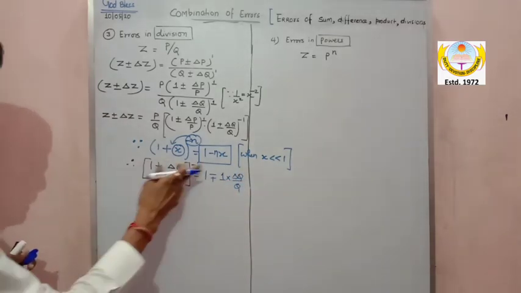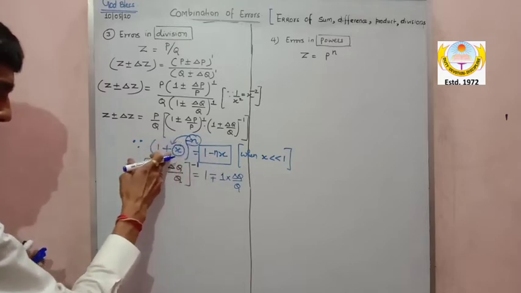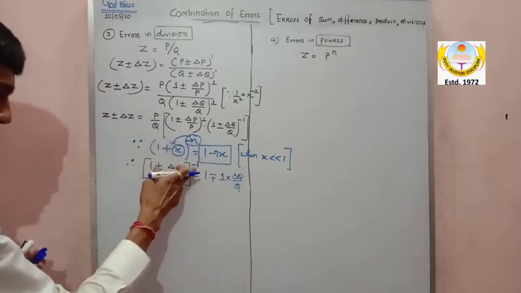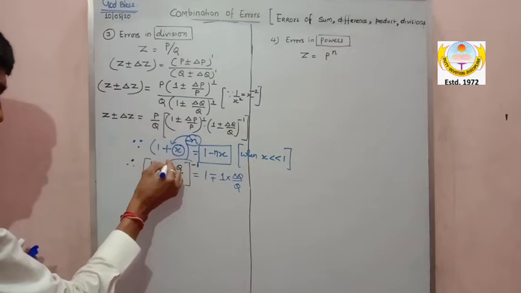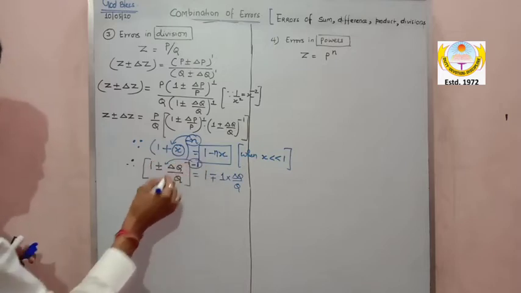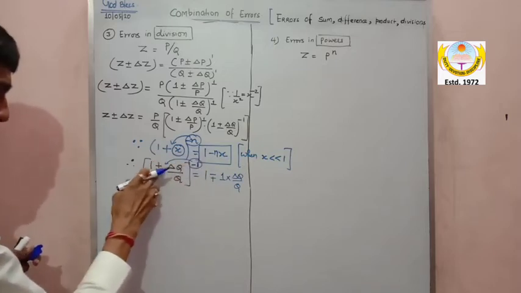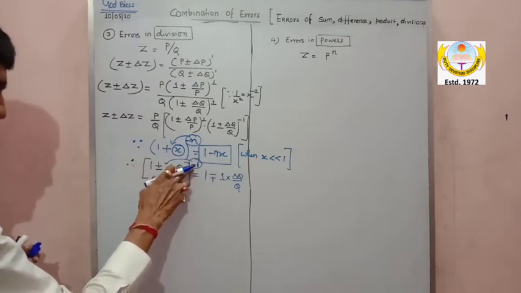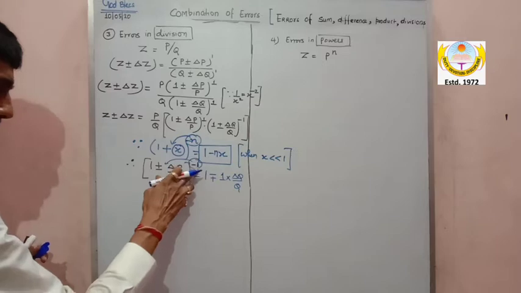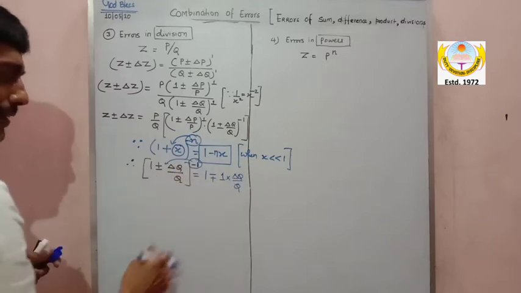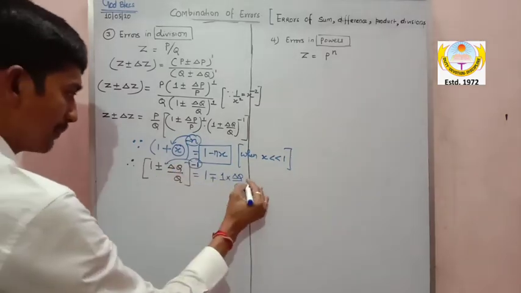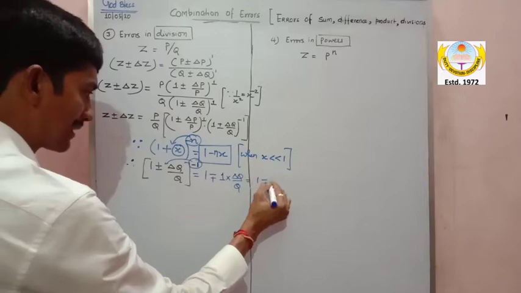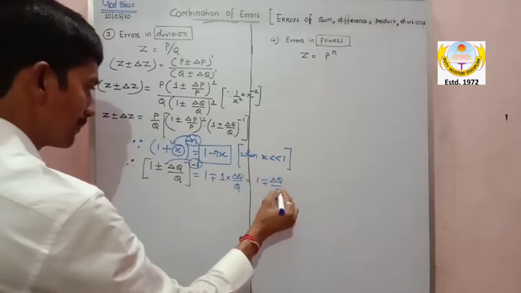By the rule, minus n gets multiplied here, similarly this minus 1 comes down. So the answer will become 1 minus plus delta q by q.